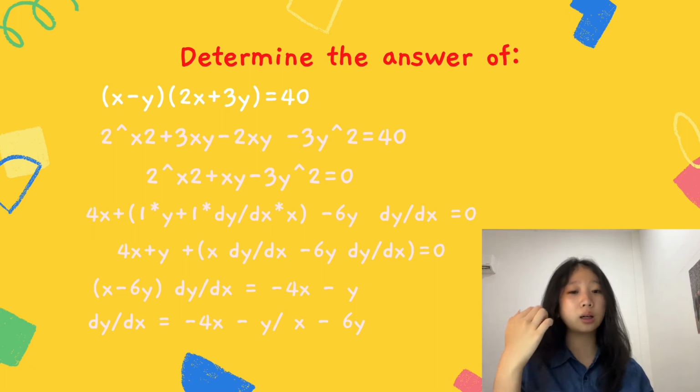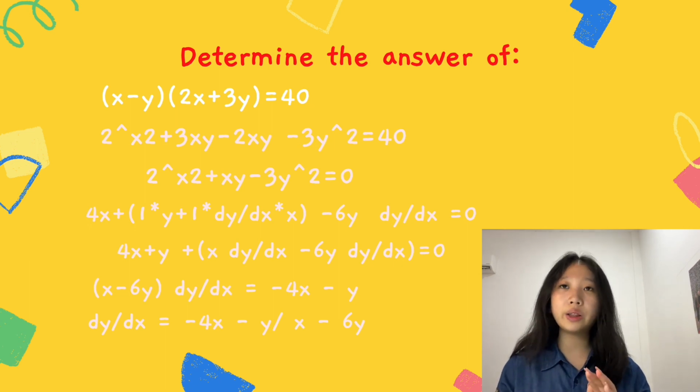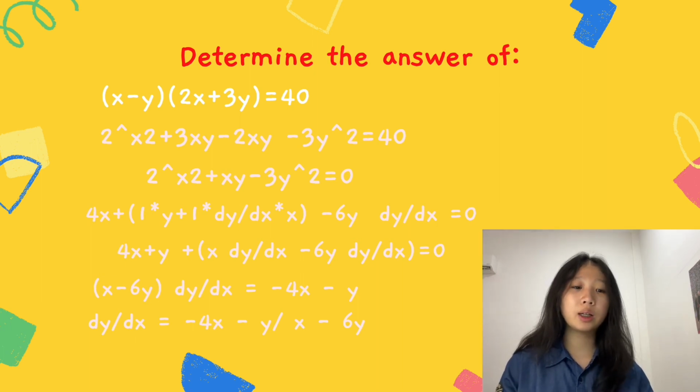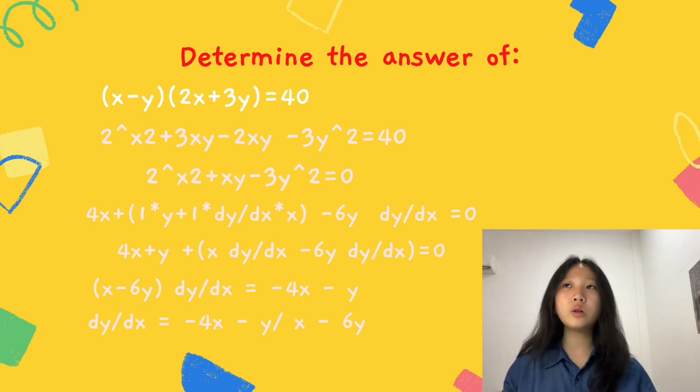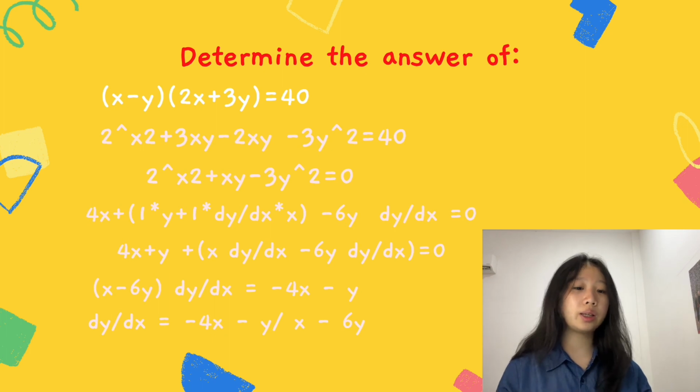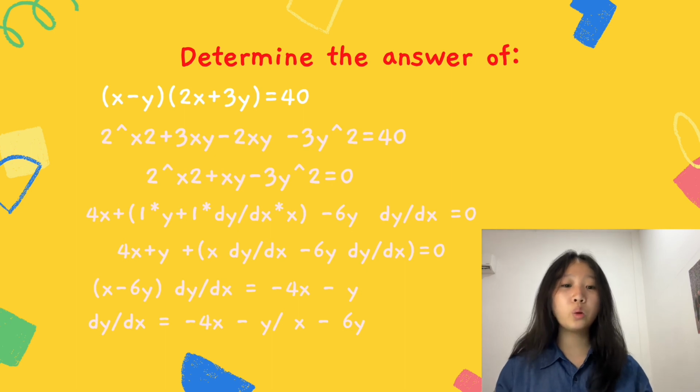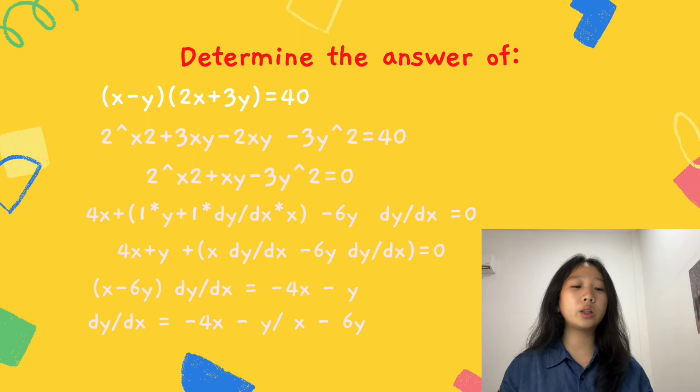Then we go to the next one, the derivative of 3y squared is 6y, and don't forget it is y, so we add dy per dx, equals the derivative of 40, which is 0. So it remains 4x equals y plus, and for the dy per dx, open bracket x minus 6y close bracket times dy per dx. So we're going to solve for dy per dx.